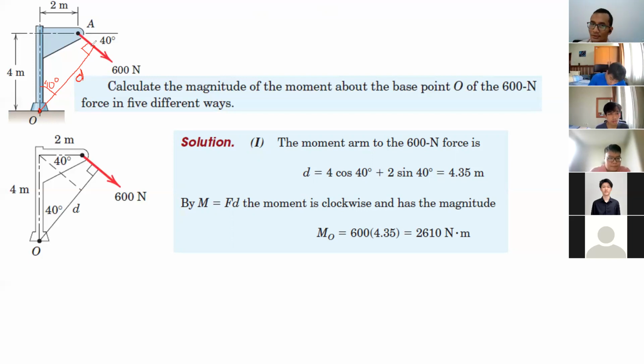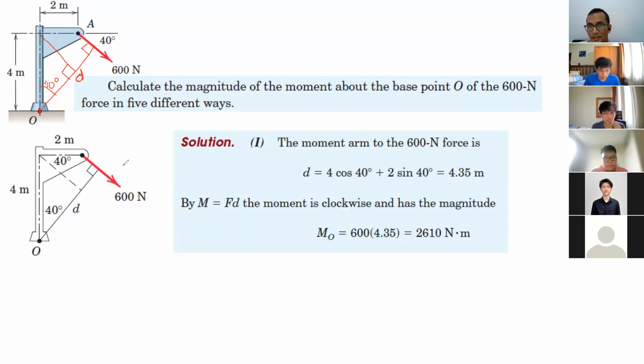Then how to find out the value of D? That's the question, right? Then we can divide it into two, where this division is perpendicular. So this particular line is perpendicular as well.